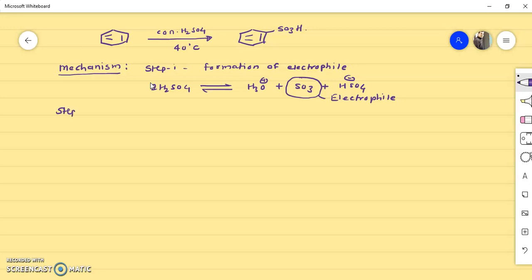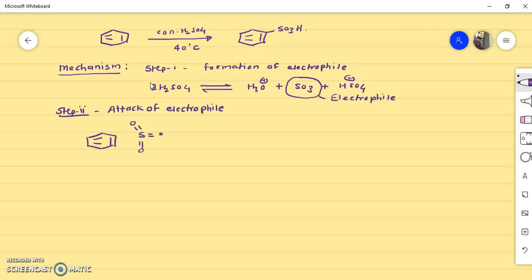Now step 2 is attack of the electrophile. I have taken a benzene ring as the starting material, and SO3 is the reagent here. I will draw the structure of SO3.